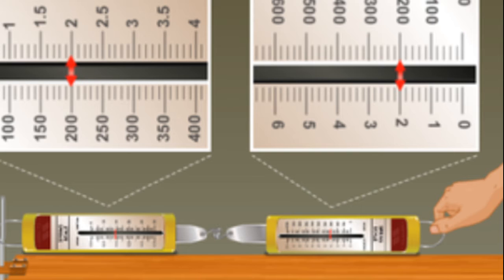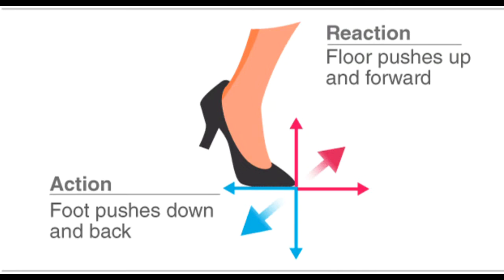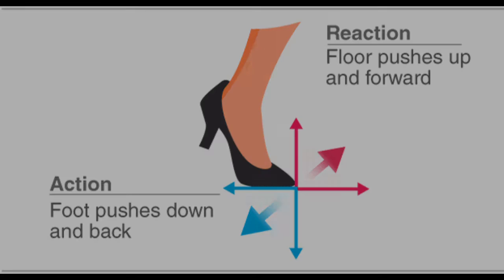We can find many examples from our daily life for Newton's third law of motion. When we walk on the ground, we press the ground with our feet in the backward direction. This is the action force. In response, the ground exerts a reaction on our feet in the forward direction, which enables us to move forward.